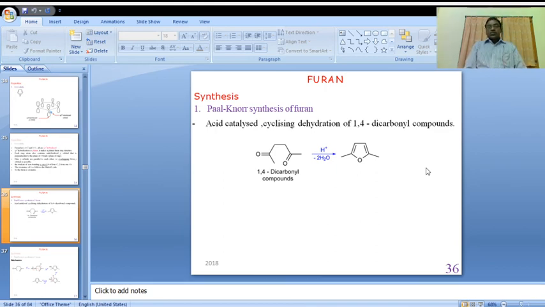Now let us go to the synthesis of furan. This is the first method of preparation, Paal-Knorr synthesis of furan. This is a very important reaction.